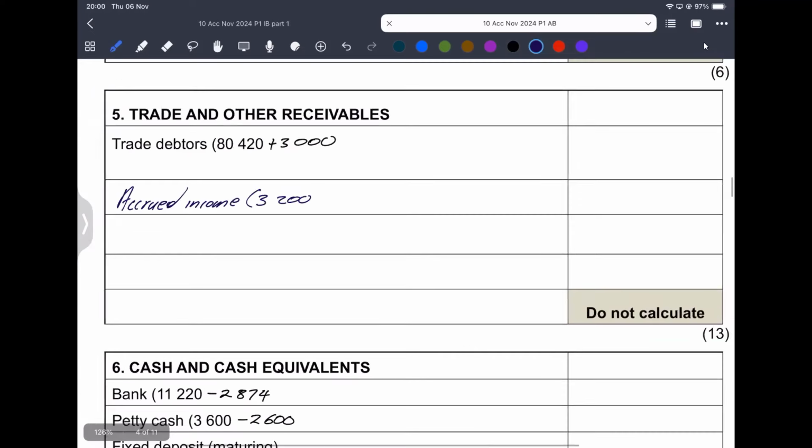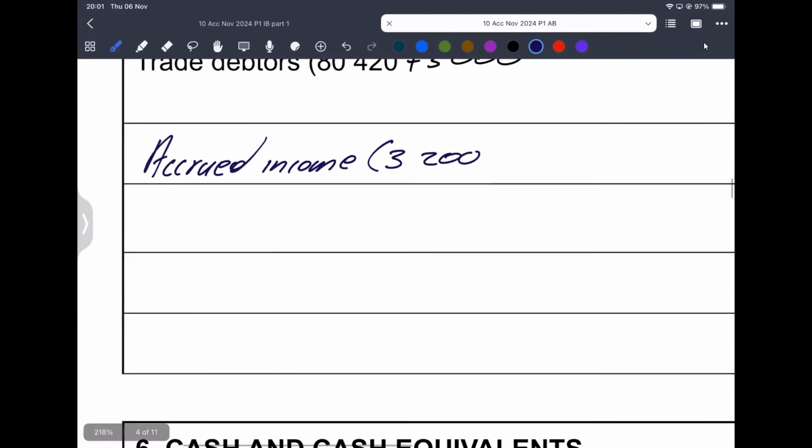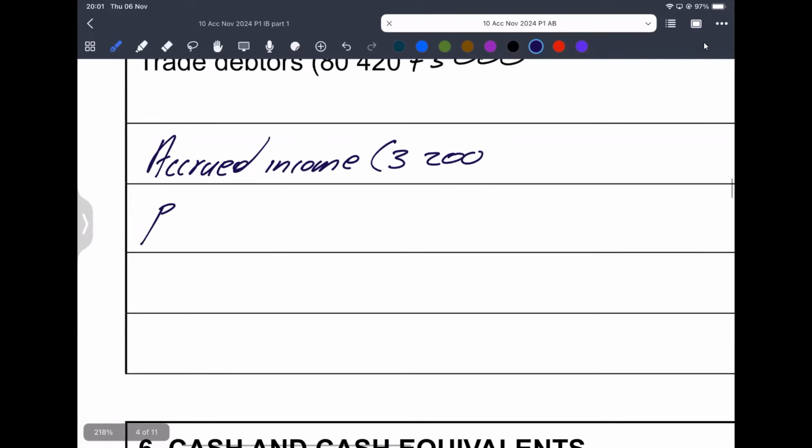So we're going to put it under trade and other receivables as a prepaid expense. Prepaid expense represents what is owed to us, what we have paid and have not received.